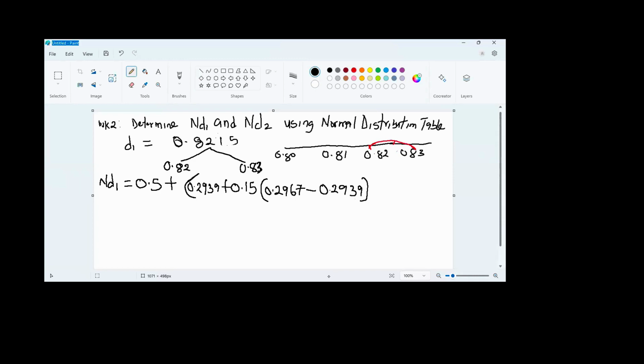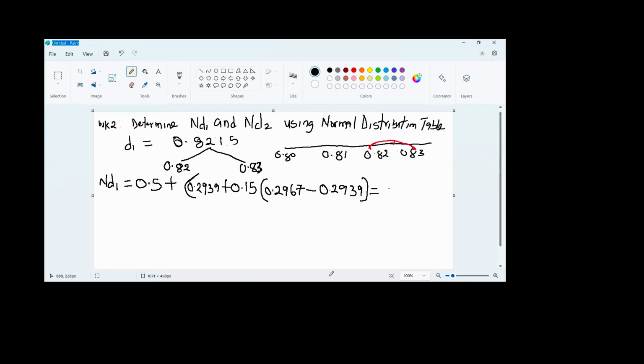This is how to use the normal distribution table for this purpose. You can now do your calculation: 0.5 plus bracket 0.2939 plus 0.15, open a bracket, 0.2967 minus 0.2939. What is your final answer? Please let us participate.